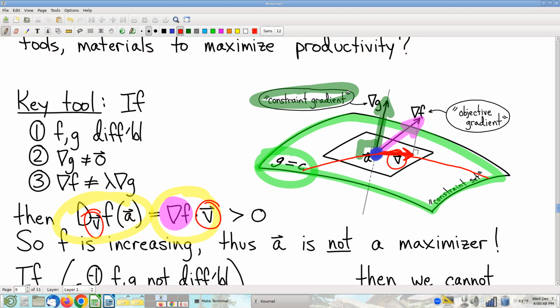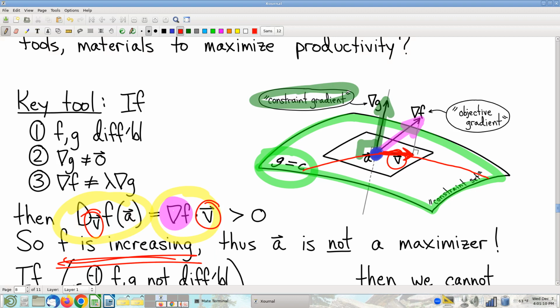The cosine is positive, and that dot product is positive. So that means the rate of change of the function is positive, and that means increasing.